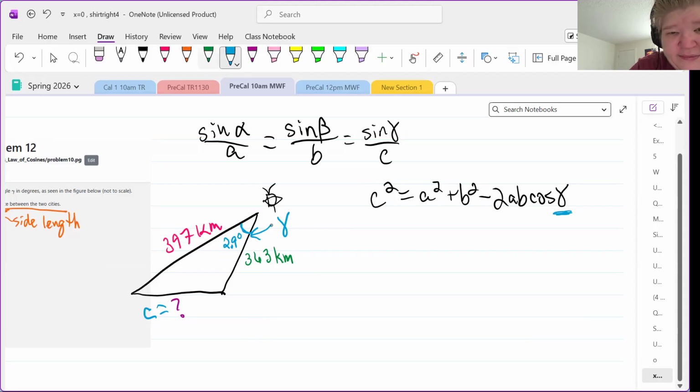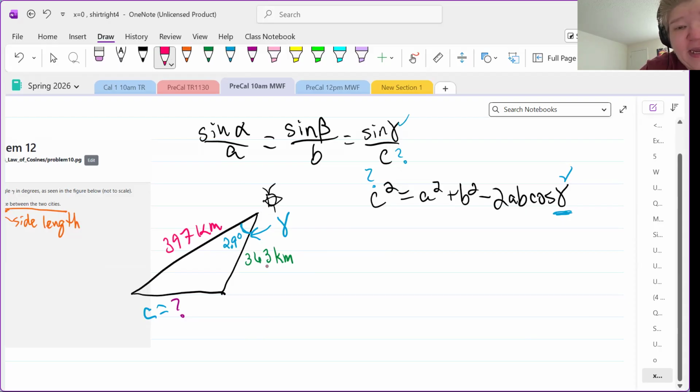We know gamma, and this is my unknown. Now my other two things are the other two side lengths, the two adjacent sides to gamma.